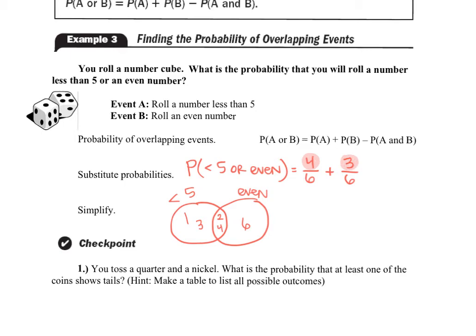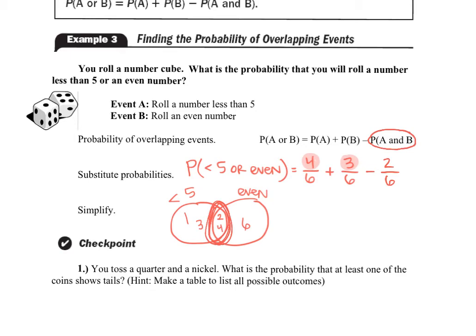But we don't want to count them twice. We only want to count them once. And so to do that, I need to subtract, we call it the probability of A and B. In other words, how much overlap is there? Well, in this problem, there are 2 of the 6 that overlap. It's that 2 and 4 there. And you have to subtract the overlap, otherwise it's getting counted twice.